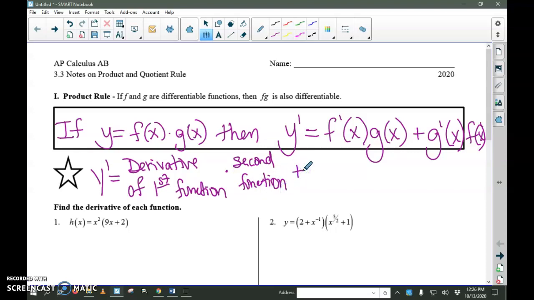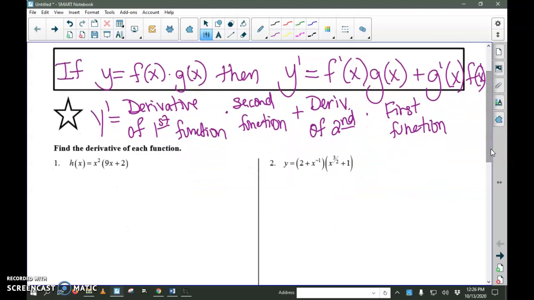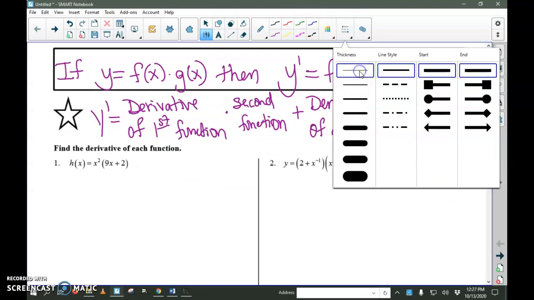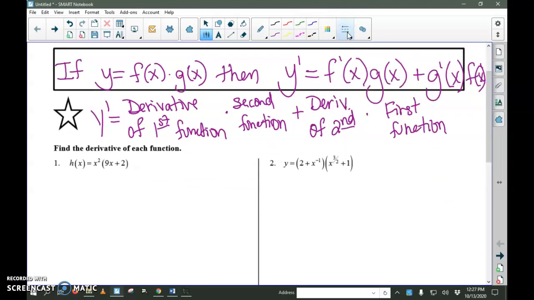Plus, now I'm going to find the derivative, I'm going to abbreviate, the derivative of the second function times that first function. Again, nothing fancy with the first function, just a direct rewrite of that first function. Okay? So I like to get things in mathematical notation, and I like to get things in words because our brains all work differently, and it's good to see different representations.